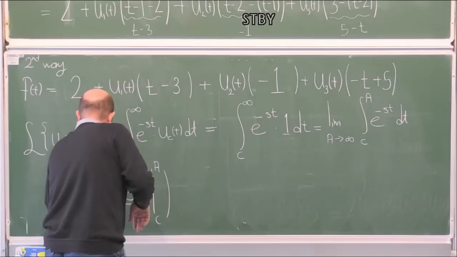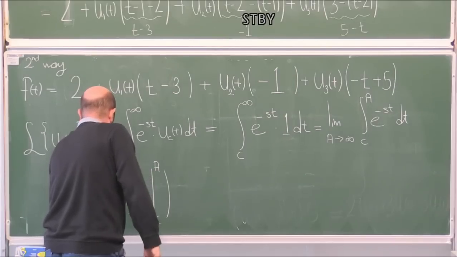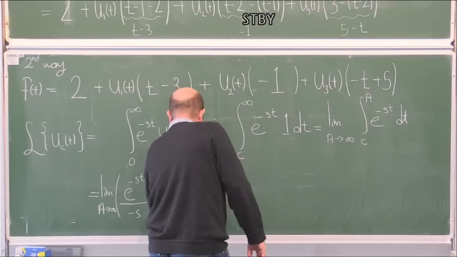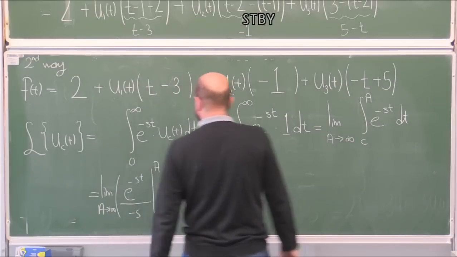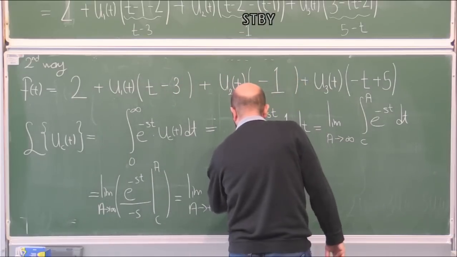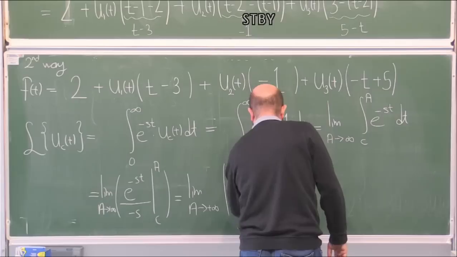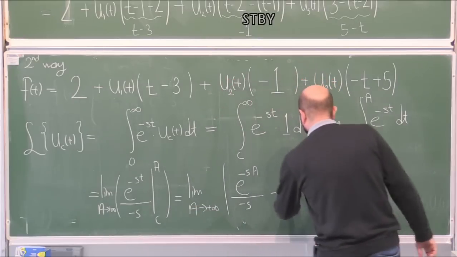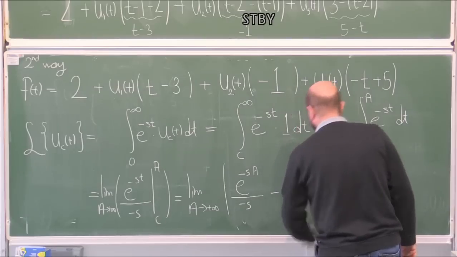And then we take the limit as a goes to plus infinity. If you plug in a, e to the minus s times a over minus s, minus, if you plug in c here, we have e to the minus cs over minus s.